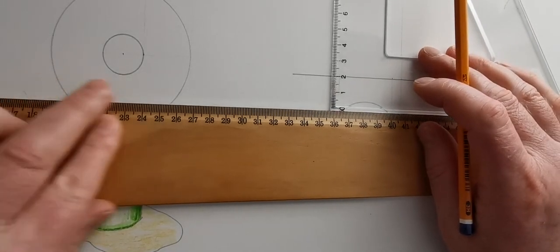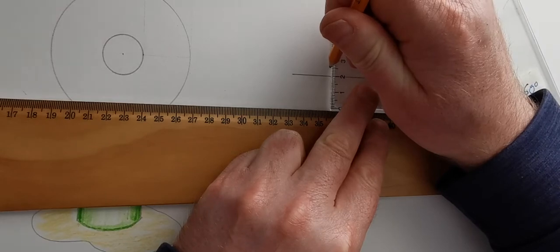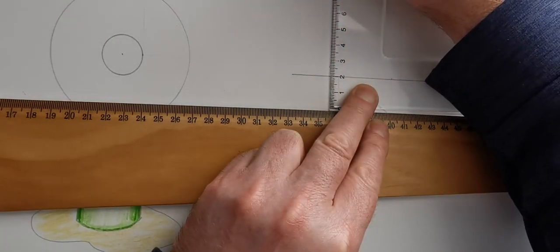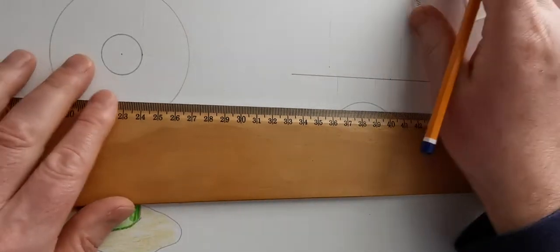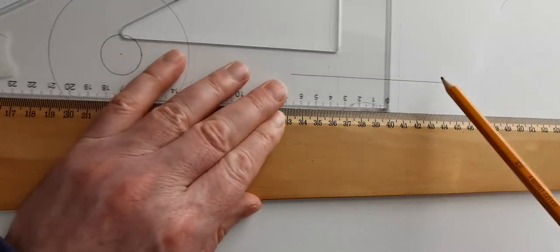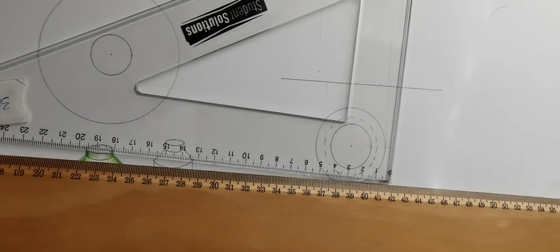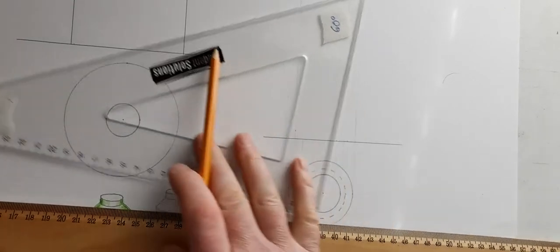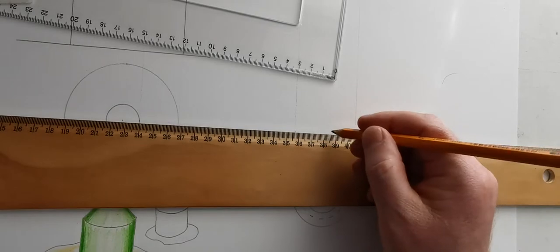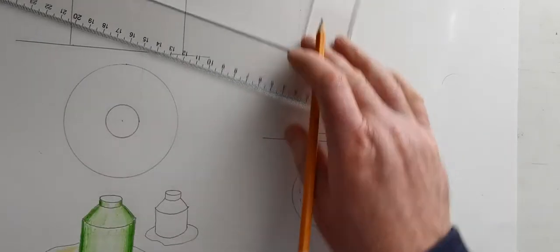So I'll measure up here on the left. There's 6 and 94. Now that worked out handy because 6 and 94 is 100. So I'm going to draw that line across here for the curve 6.